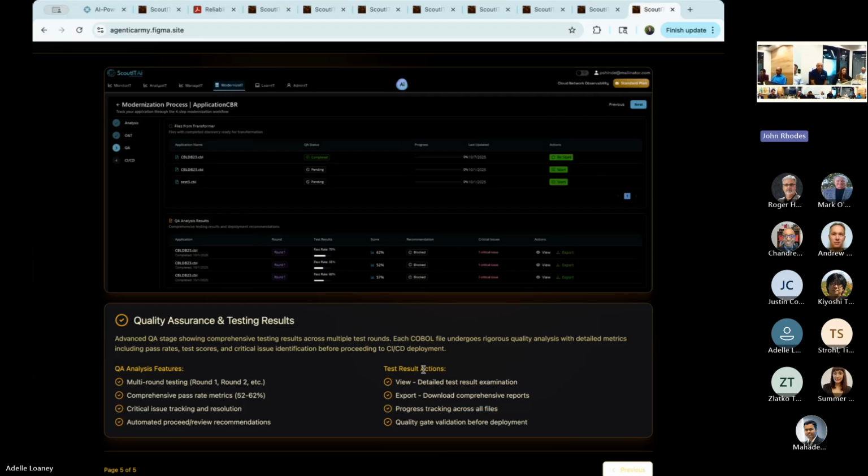So there's multi-round testing, comprehensive pass rate metrics, critical issue tracking and resolution, and then automated reviews and recommendations. Even though we're testing upfront during the development, let it finish and then test it again. And then put it into a CI/CD test pipeline so it gets tested and validated even more.